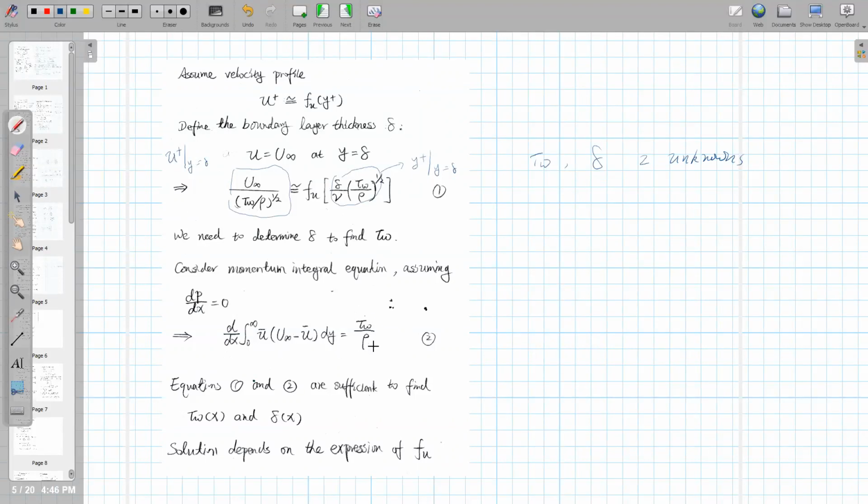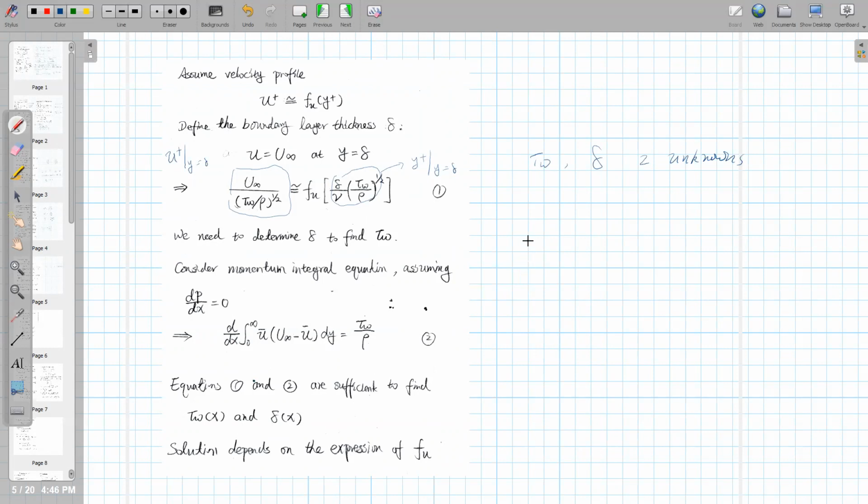So this will provide you an additional correlation. If you have this profile from fu here, and you have tau w, this will bring you the second equation. With equation 1 and equation 2, they are sufficient to find both tau w and delta.